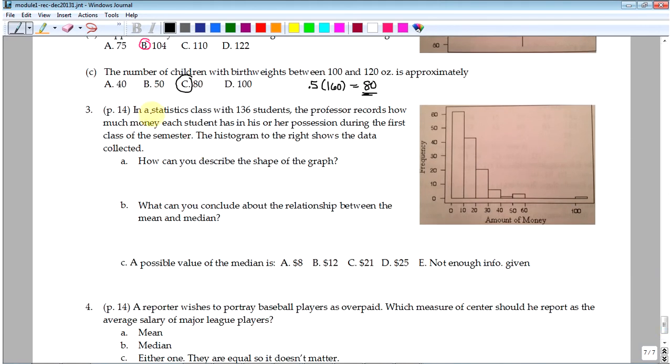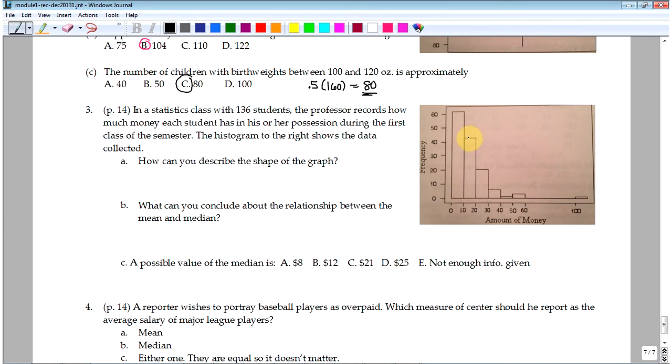Number 3, in a statistics class with 136 students, the professor records how much money each student has in his or her possession during the first class of the semester. The histogram to the right shows the data collected. So we see that more than 60 students had between $0 and $10.